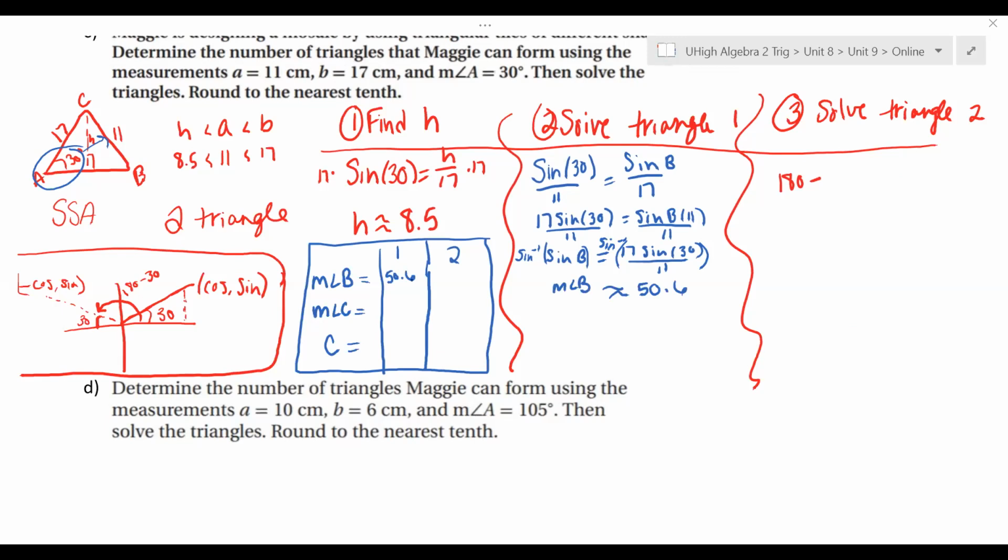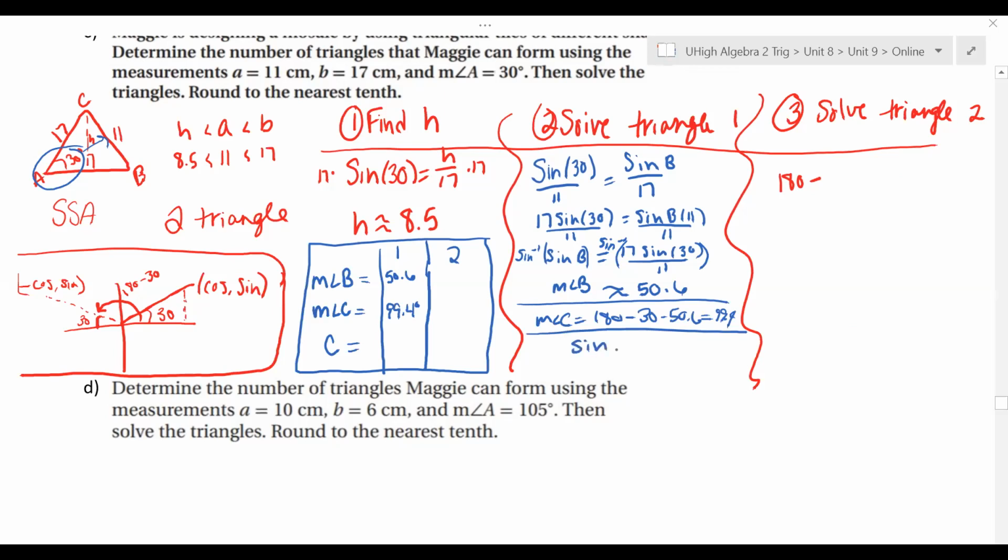Next, I can find the measure of angle C just by doing 180 minus 30 minus 50.6. And I get that the measure of angle C is 99.4 degrees. So I can solve for my side length C using my law of sines.